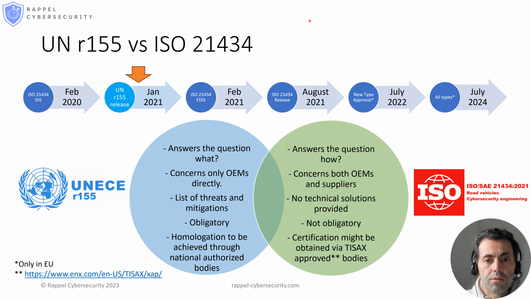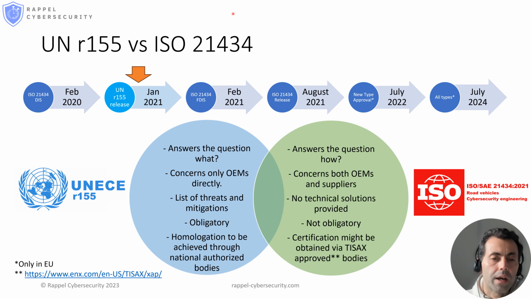The OEMs need to achieve compliance with the regulation by 2022 for new vehicle types and by 2024 for all vehicle types. On the other hand, ISO 21434 shows how to obtain what is required in the UNR 155 regulation. So it concerns both OEMs and their suppliers. It's a good metric for OEMs to ensure that their suppliers are cybersecurity compliant.